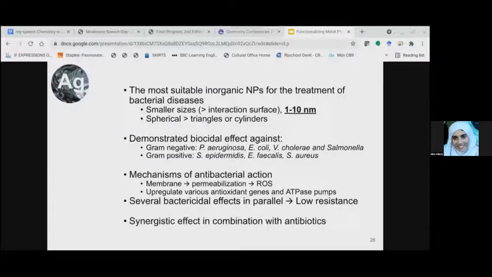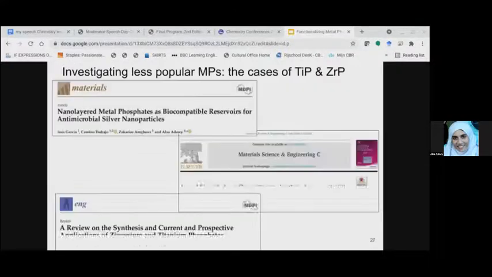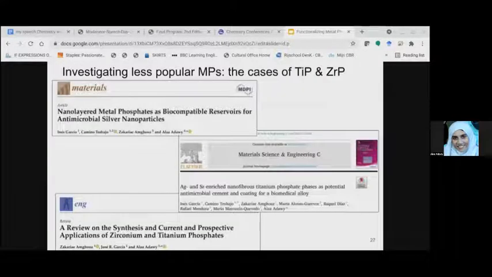Nowadays, silver nanoparticles are widely investigated and can be considered as a universal antimicrobial agent, but the actual antimicrobial effect comes from their release as ions. Now I'm going to share with you my investigations using silver as the antimicrobial agent and other metal phosphates than the calcium phosphate phases regularly used in these kinds of applications.